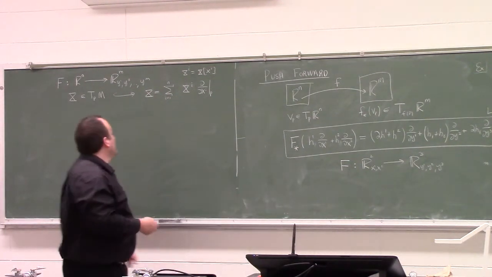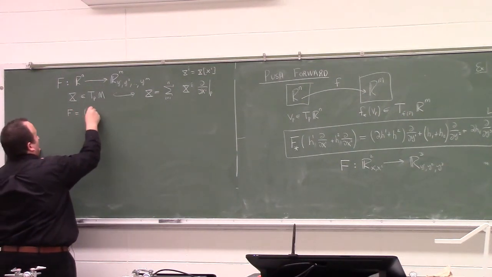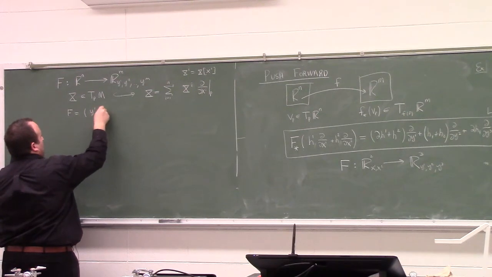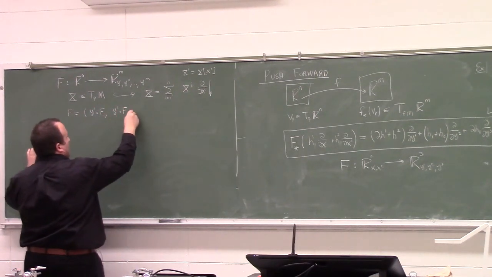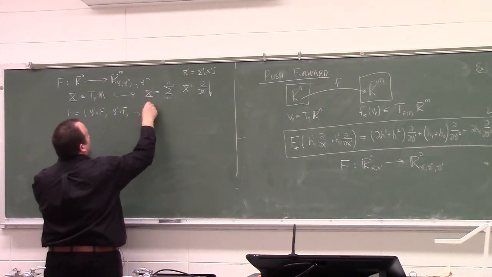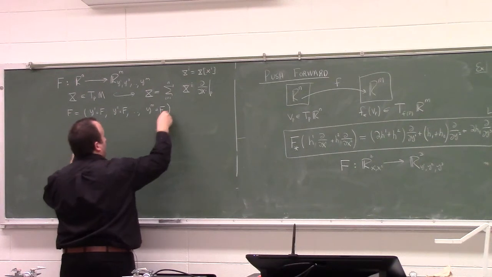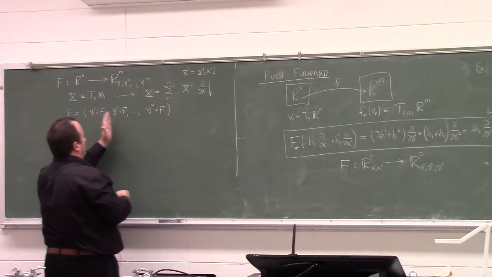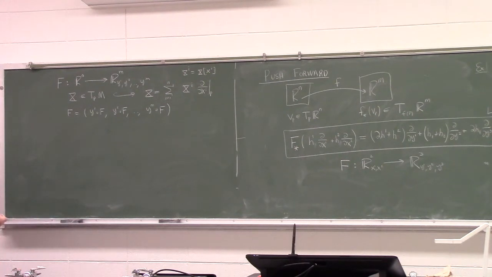Now, f, the function, we can write f also as y1 composed with f, y2 composed with f, through ym composed with f. Those are the component functions, if you will, of the map. We don't usually write it like that.